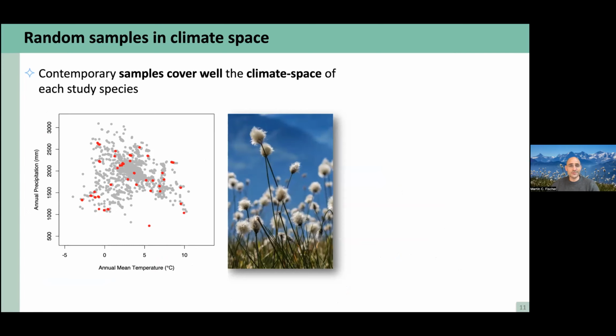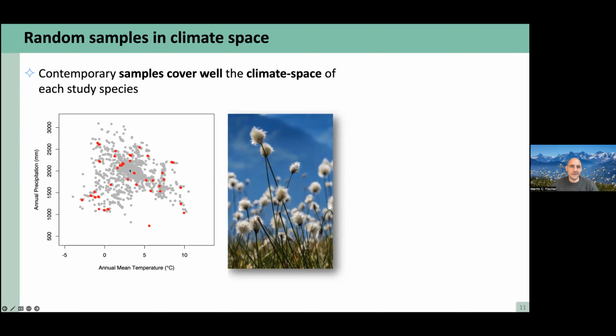So now we also need to try to validate whether this random sampling was really successful. And to do this, we estimated the climate space of each of these species. So we compared the mean annual temperature to the annual precipitation. Each gray dot represents all the observations that have been made in Switzerland for this species, and the red dots are the populations we have sampled.